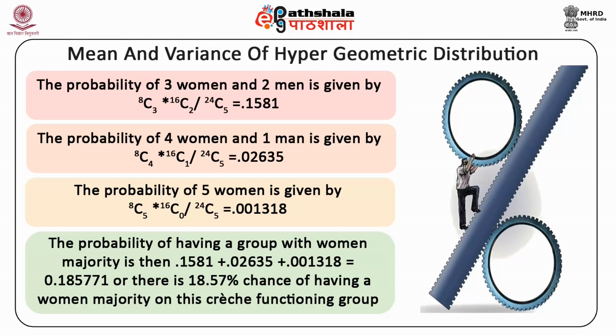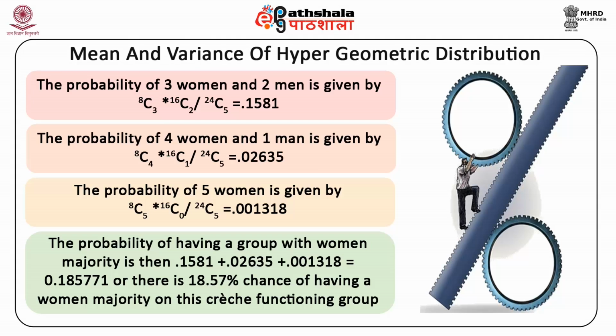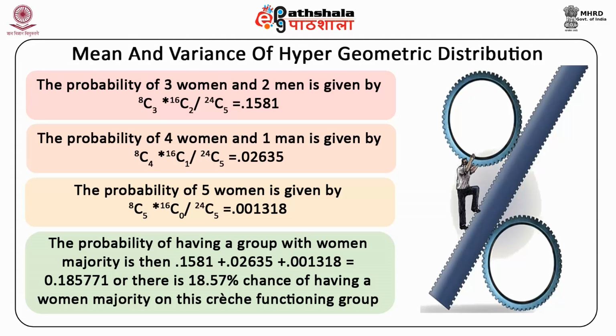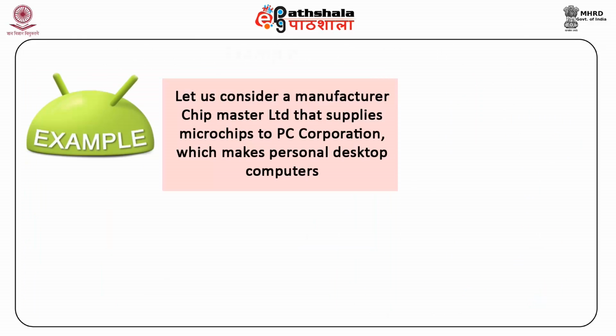The hypergeometric distribution is also useful in quality inspection techniques, and the criteria used to eliminate or disqualify batches of inspected goods. Let us consider a manufacturer Chip Master Limited that supplies microchips to PC Corporation, which makes personal desktop computers.